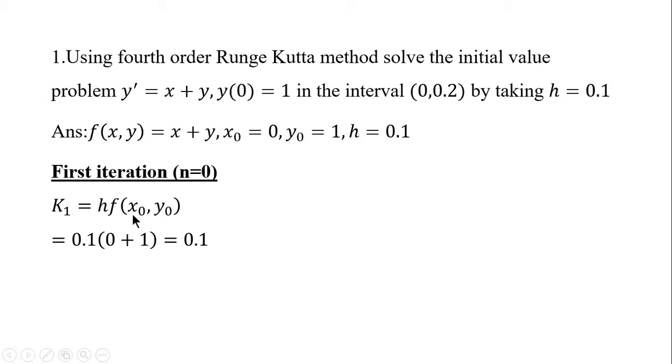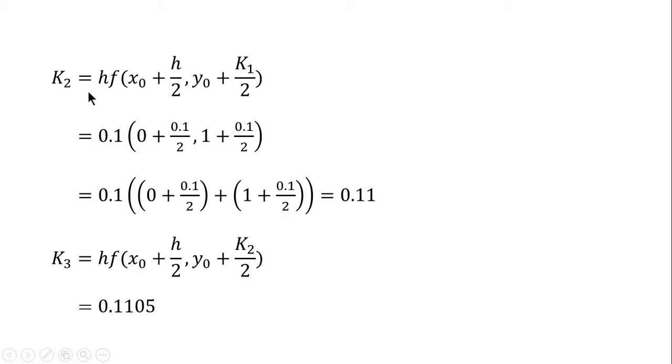K1 is h into f of x naught, y naught. We know f of x, y is nothing but adding x and y. Therefore, x naught plus y naught, we get K1 as 0.1. K2 is h into f of x naught plus h by 2, comma y naught plus K1 by 2.